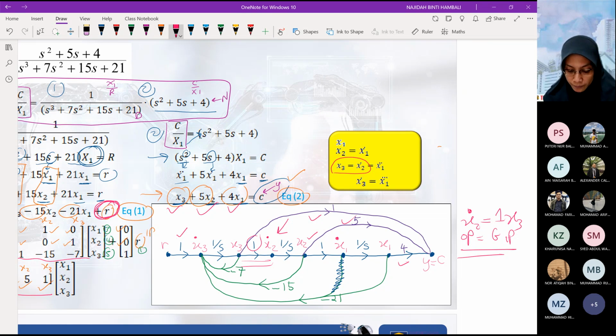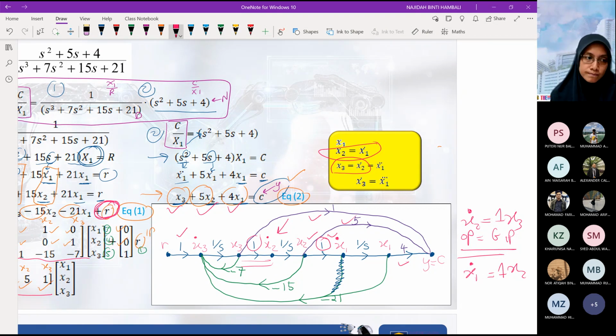Okay, next one, between x1 dot and x2, this equation. So, kita letak 1 dekat sini. So, then we have completed our signal flow graph. So, you kena letak semua gain tu. 1 kalau tak letak, tak apa, asalkan you tak confuse. But this is the complete one.